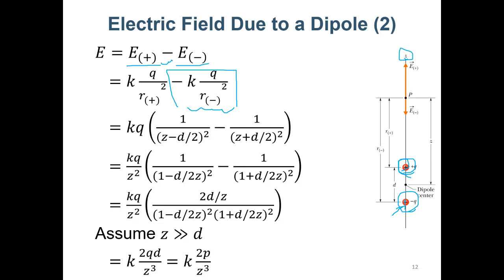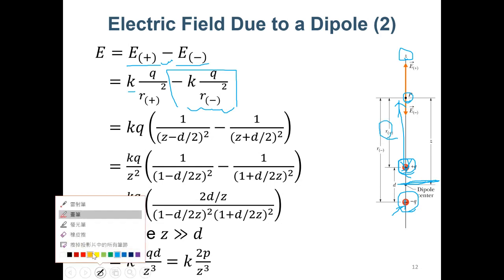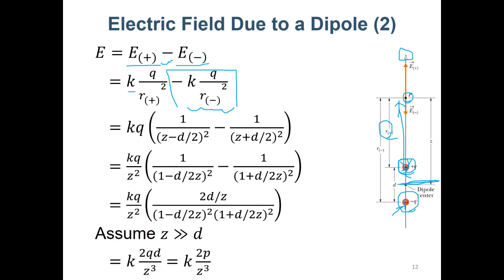So actually, it's not difficult. E plus is k times q over r plus squared. R plus is the distance between the point you concern and the positive charge, which is here. And R minus is from the negative charge to the point you concern here.